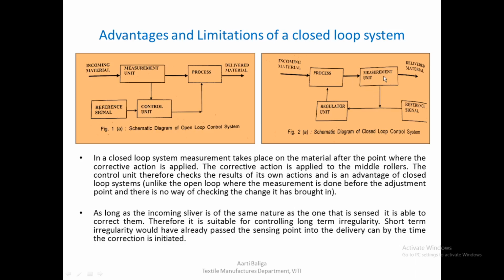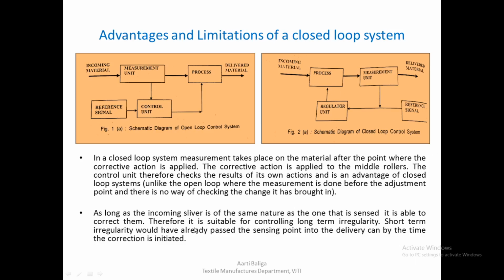Because after measurement there would be some time delay before the process is able to correct it. So we are assuming that whatever material comes after the sensed material has already gone out of the system, the next material that is coming in would be of similar nature, and we are going to take a corrective action.